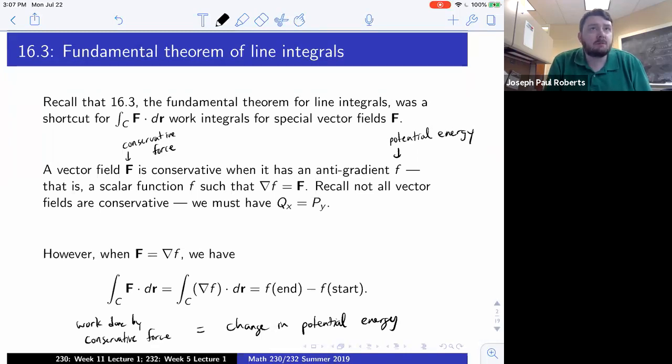There were other things that we talked about as far as conservative vector fields. Remember, we have this path independence of work done by conservative vector fields. In physics, that would have been the idea that you learned about, that taking a ramp versus taking the stairs results in the same amount of work. Essentially, all that matters is how much your elevation changes, how much potential energy with respect to gravity you've gained.